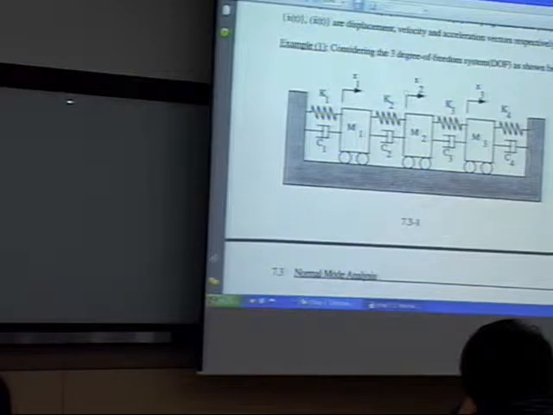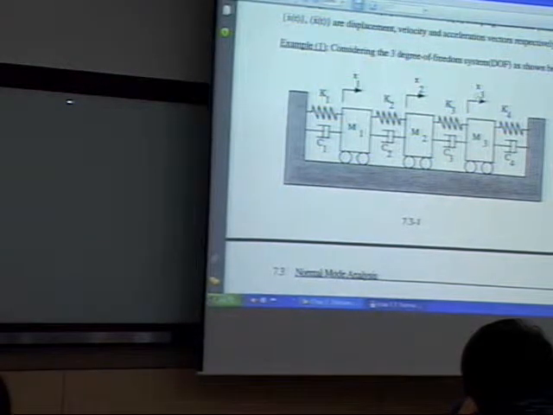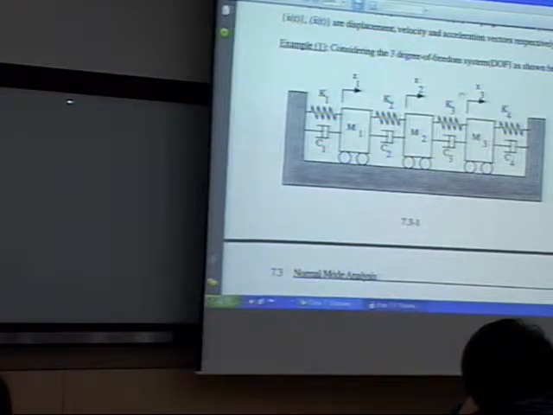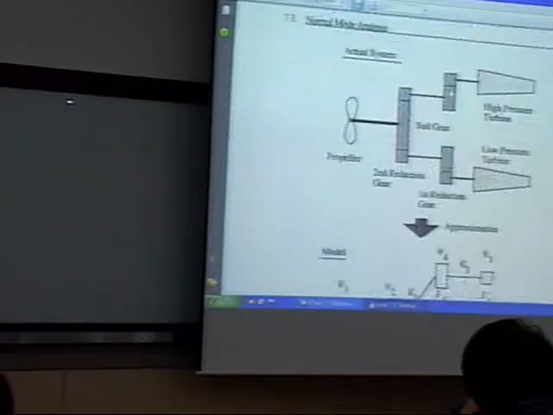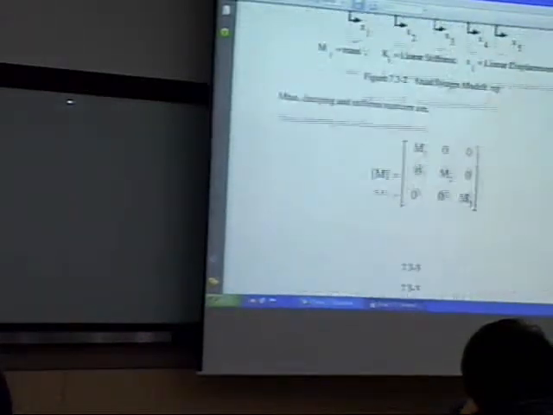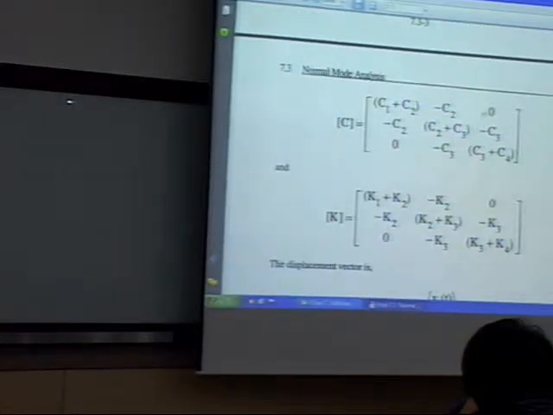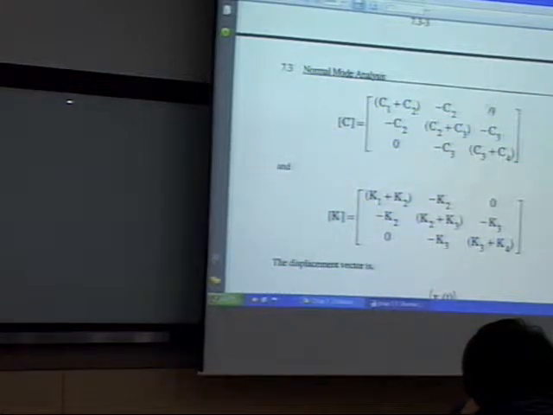But there is no coupling between x1 and x3. So what that means is the element in the x1 row and the x3 column is equal to 0, because there is no coupling there. As you see here, this is 0. For 1, 3, x1, x3, no coupling.